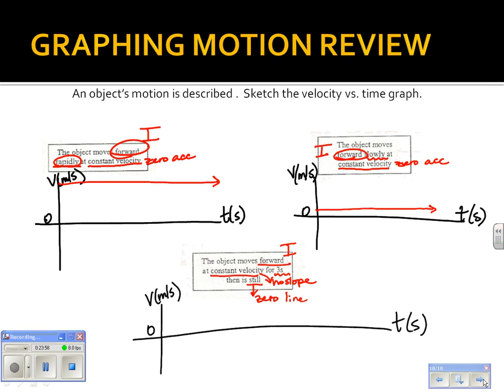All right, so I'm going to draw my 1, 2, 3, 4, 5 seconds here. For the first 3 seconds, it's got a constant velocity, 1, 2, 3, and then it's going to the 0 line. So it's flat for 3 seconds, and then it is dropping and going to the 0 line for the rest of it.